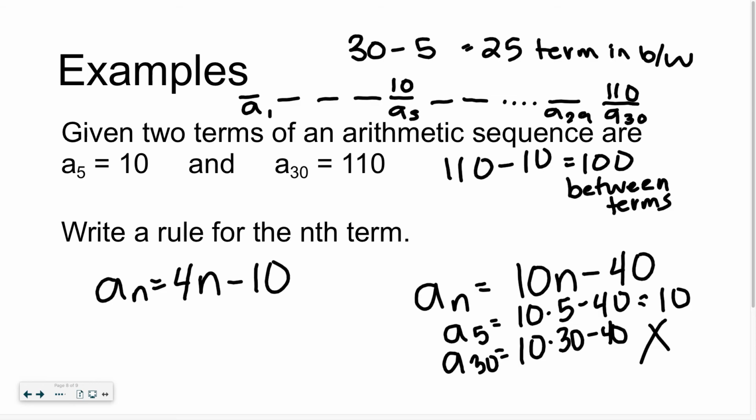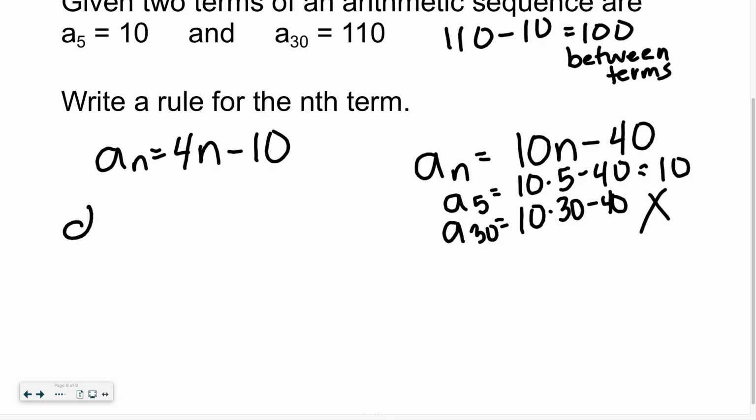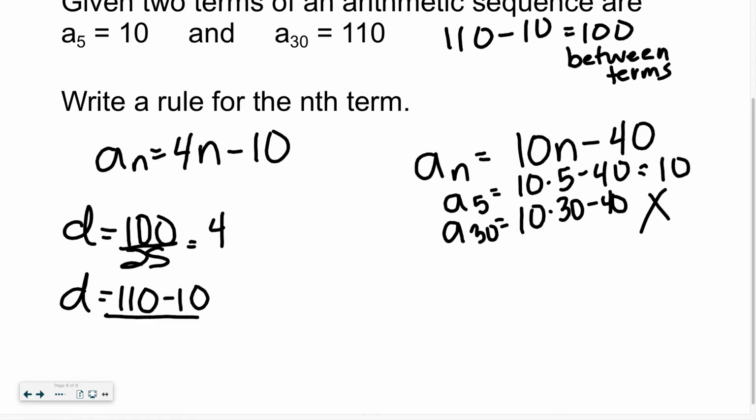We went plus something, plus something, plus something, 25 times. So on this one, I would argue to calculate D, Austin's telling us to take our 100 divided by 25 and get 4. D was really 110 minus 10 over 30 minus 5.